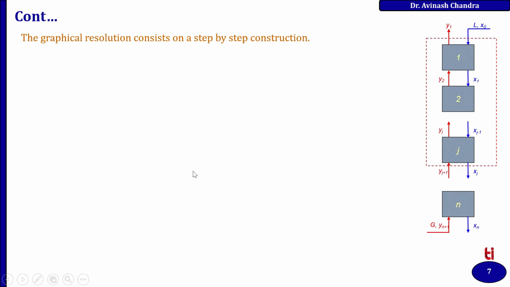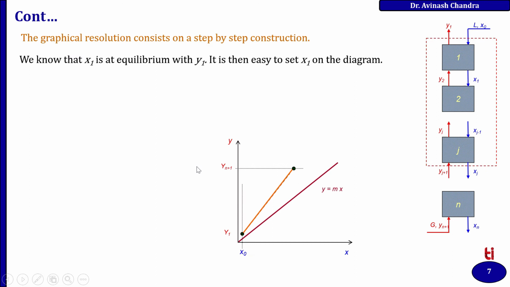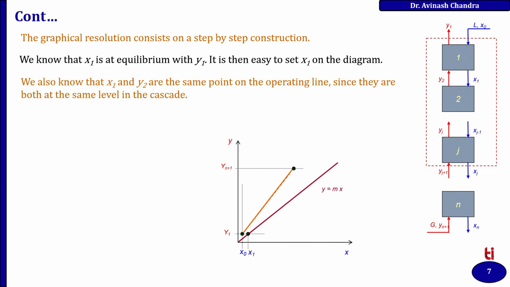So the graphical resolution consists of a step-by-step construction. You can see from x0, y1 there is an initial condition. Then draw a horizontal line from y1, and where it cuts the equilibrium curve, draw the vertical line.